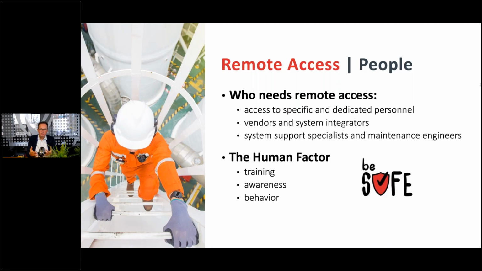You should train them on how to use it in practice, so that they are aware of what they are doing and that they do not make mistakes. So the people aspect, that they know what they are doing, why they are doing it, the context, what the surroundings are, is very important to organize security in a good manner.